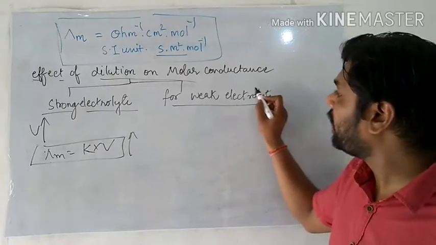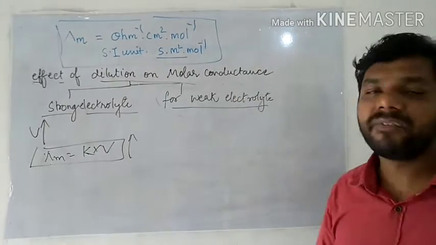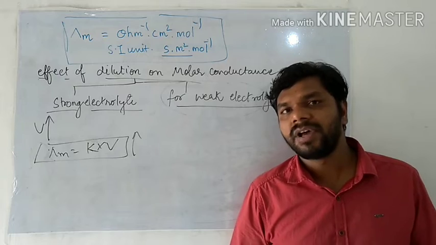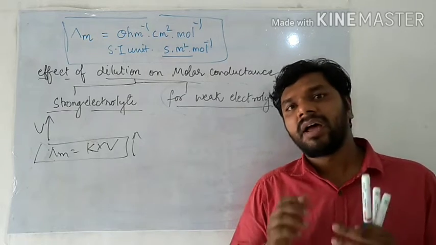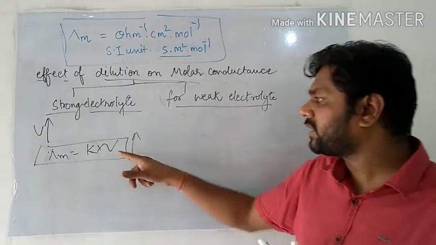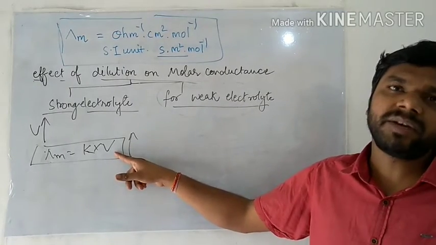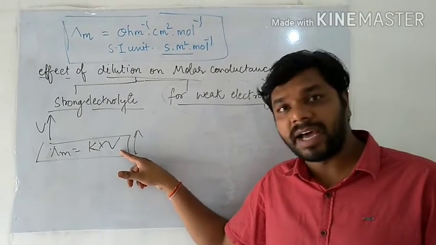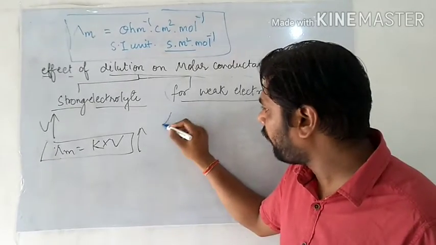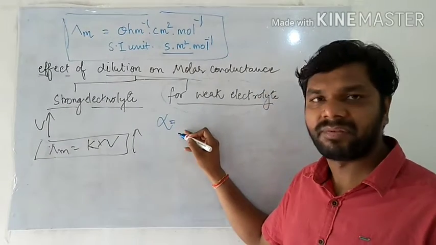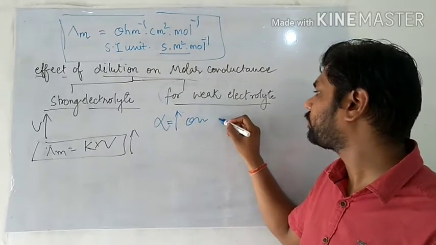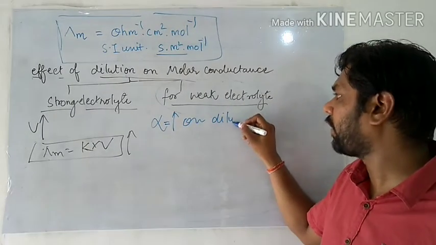But if we talk about weak electrolytes, what happens on dilution? As soon as dilution increases, it means we are raising the volume, because if we increase the volume, definitely the solution will become dilute. On dilution, the degree of dissociation alpha increases in the case of weak electrolytes.